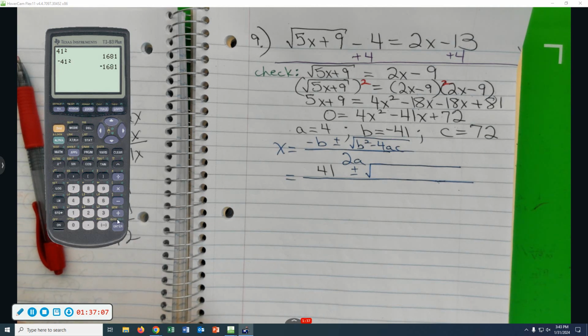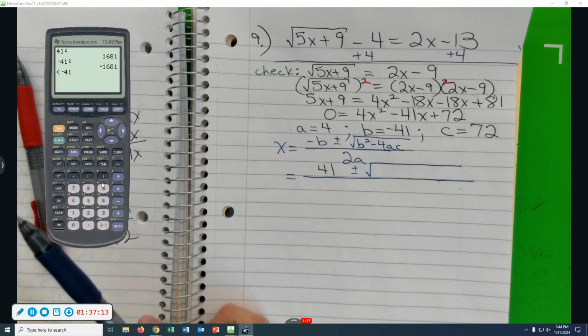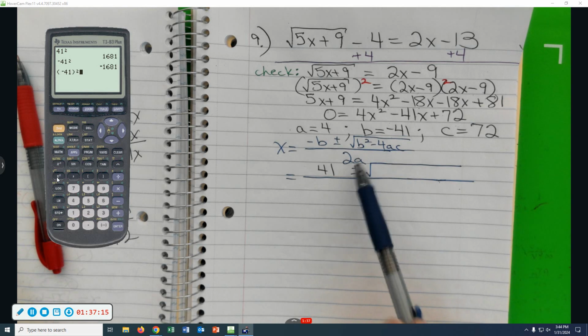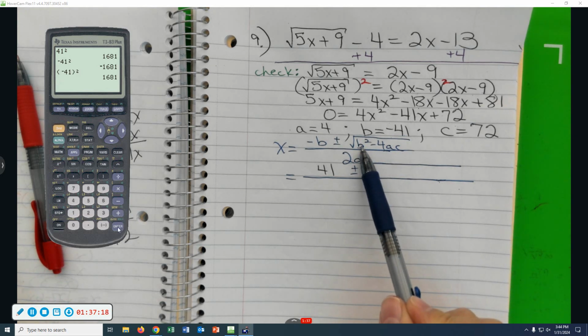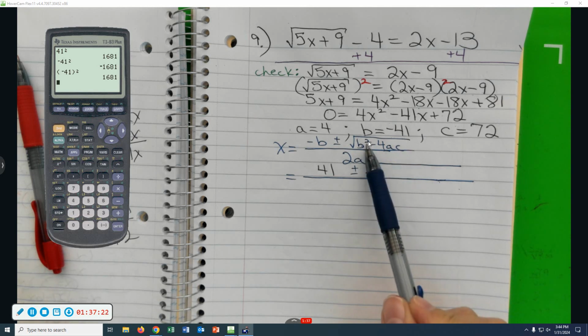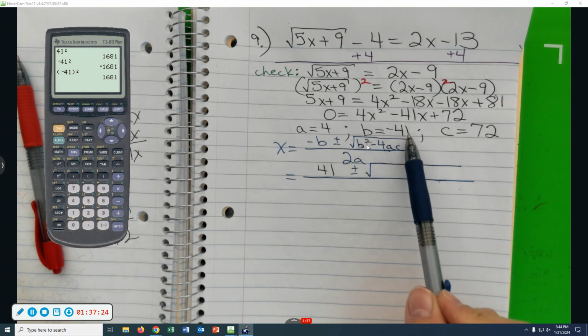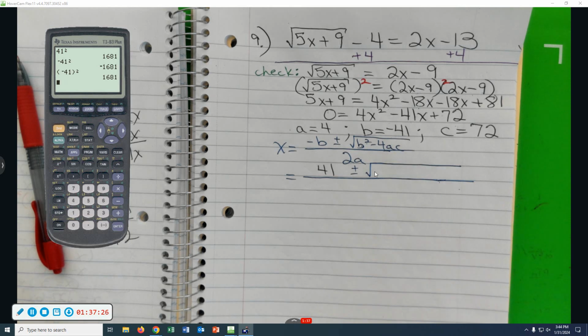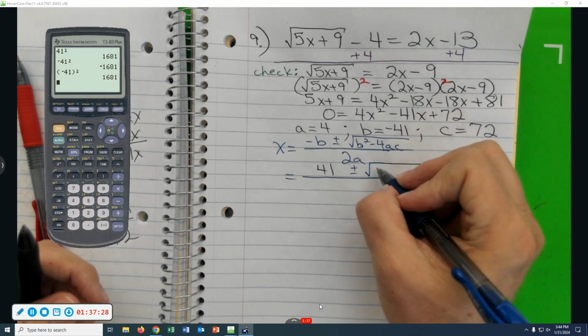If you're squaring a negative number on your calculator, you better enclose that number in parentheses. The easy thing to do is just remember b squared is always going to be positive, because whether b is positive or negative, when you square it, you'll get a positive result. 41 times 41 is 1681.